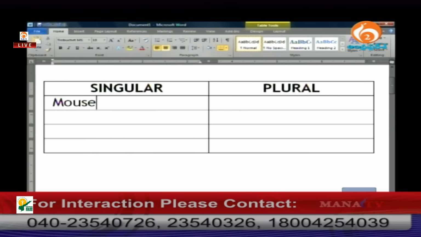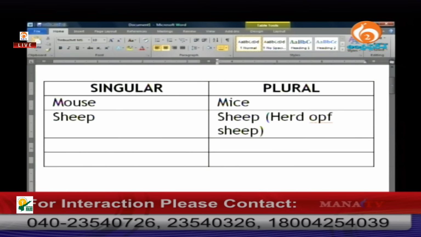If the singular is mouse, the plural is mice. Singular is sheep, plural is also sheep. To denote plural form, I say herd of sheep, so I add a count noun here. If the singular is fish, the plural is fishes? No. The plural is also fish, but a group is called school of fish.